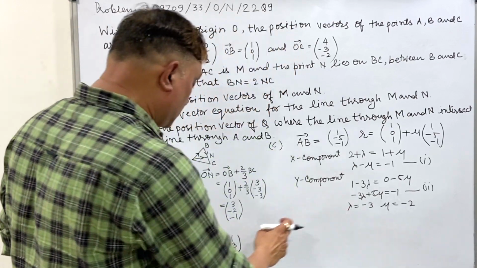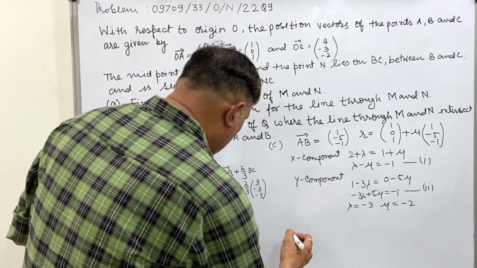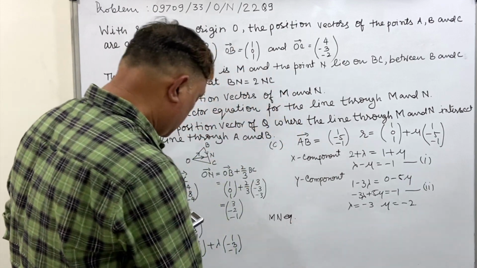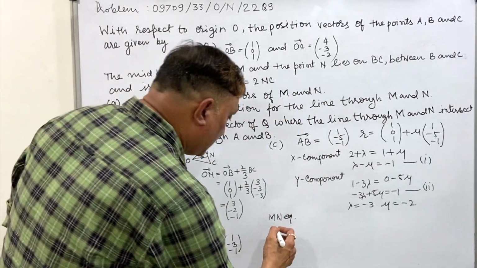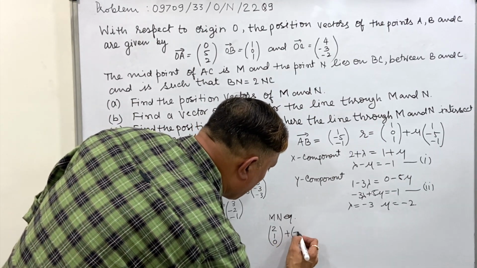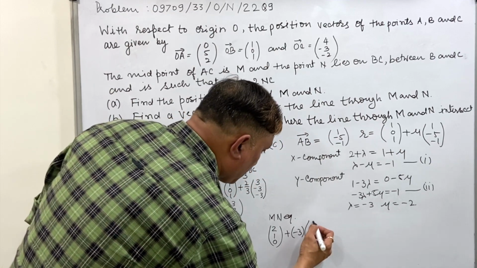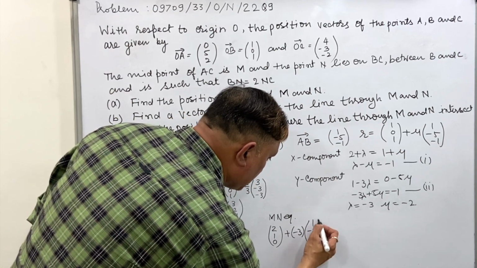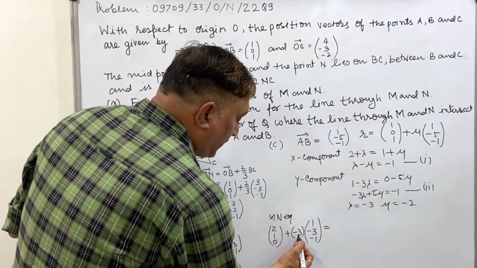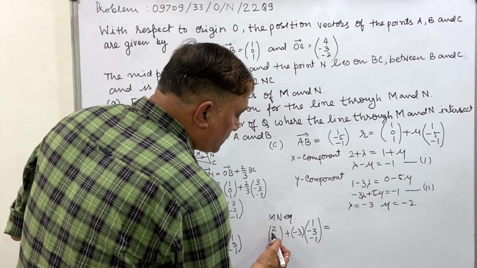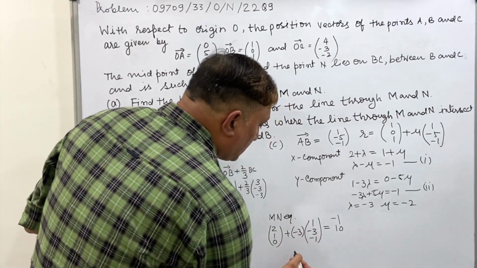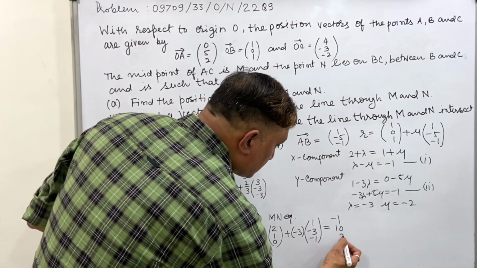When you substitute the value of lambda in the MN equation, you will write (2, 1, 0) plus -3 times (1, -3, -1). So this would be -1, 10, and 3.